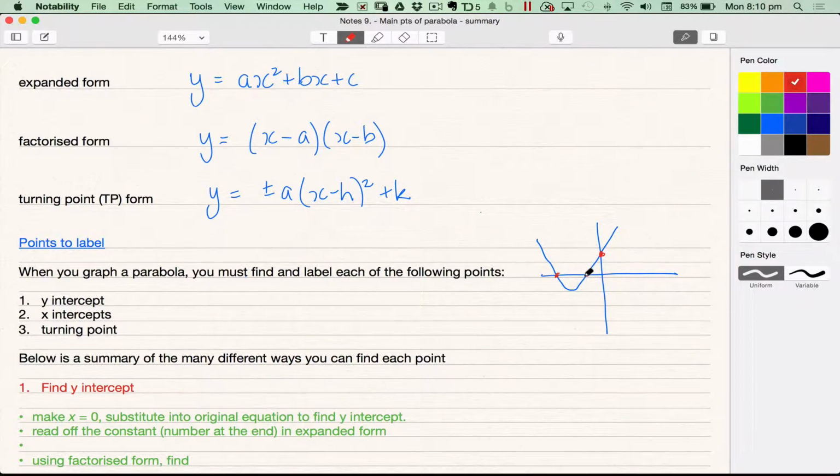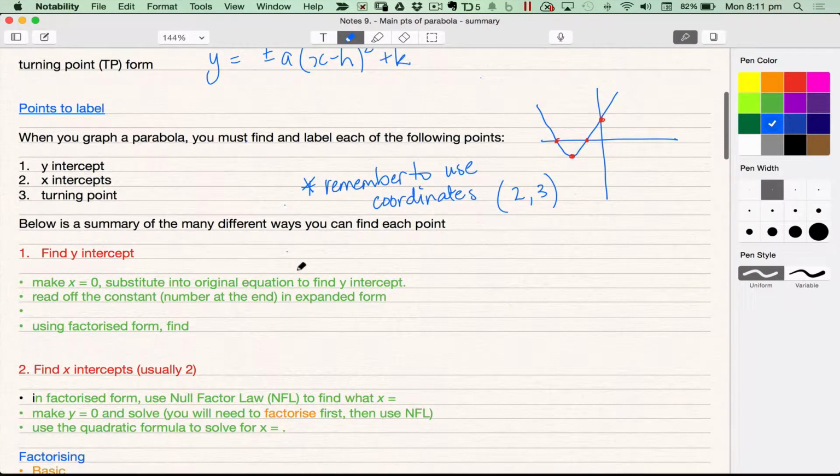The x-intercepts are here, number 2, and number 3 is the turning point, and you must label those with coordinates. So for example, one number, comma, another number, make sure it's in brackets.